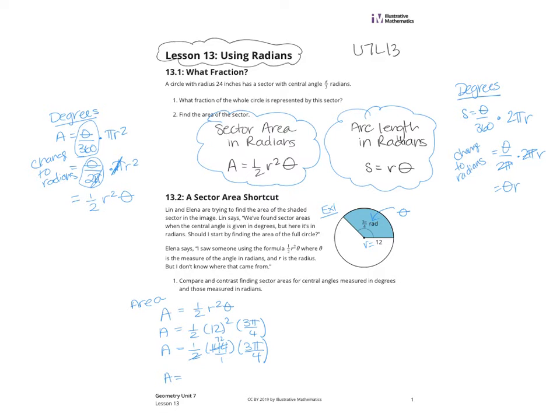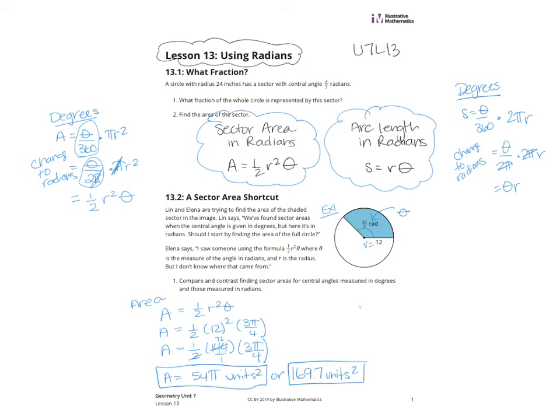So when I multiply 72 times 3 divided by 4, I get 54 pi units squared. And you can also multiply in by pi if you wanted to. So you could also write that 54 times pi is approximately 169.7 units squared. And that would be a good answer too.